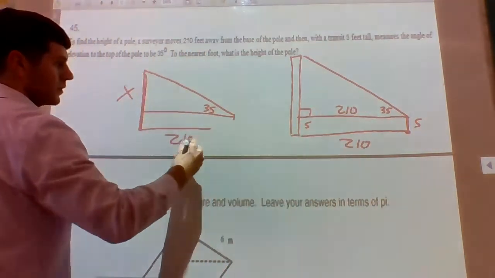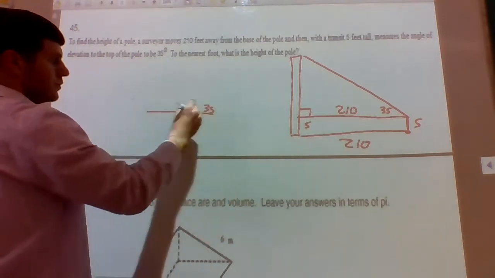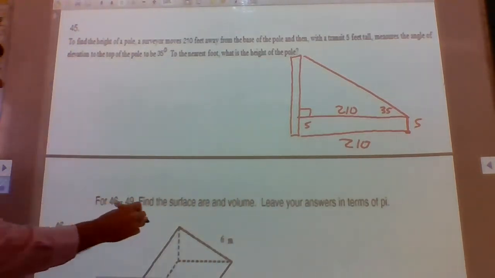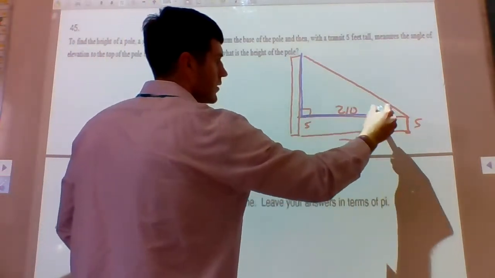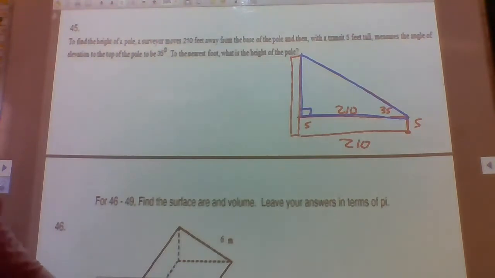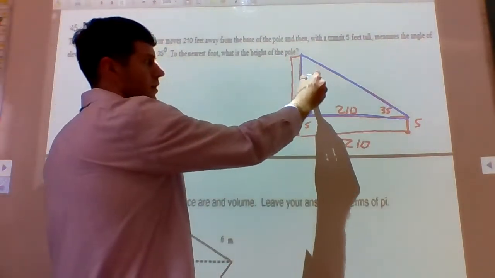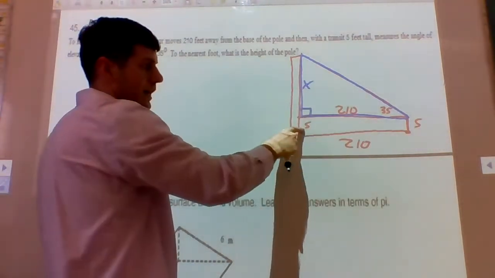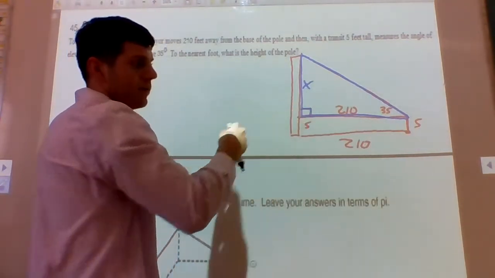So that's my improved drawing. First thing you want to look at is this right triangle right here. We want to solve for x right now. The height of the pole is going to be x plus 5. Let's find x, and then we can add 5 to it.